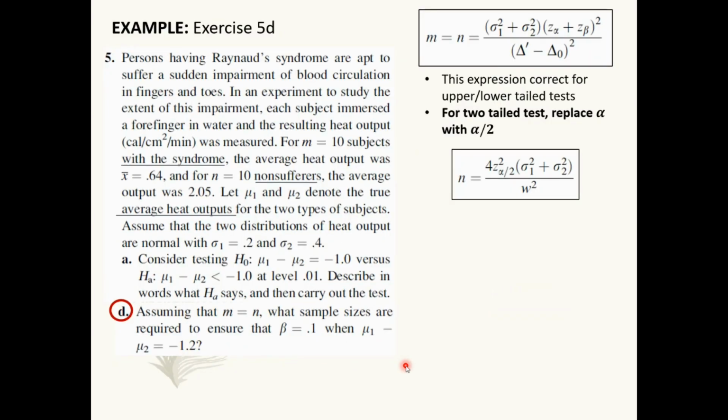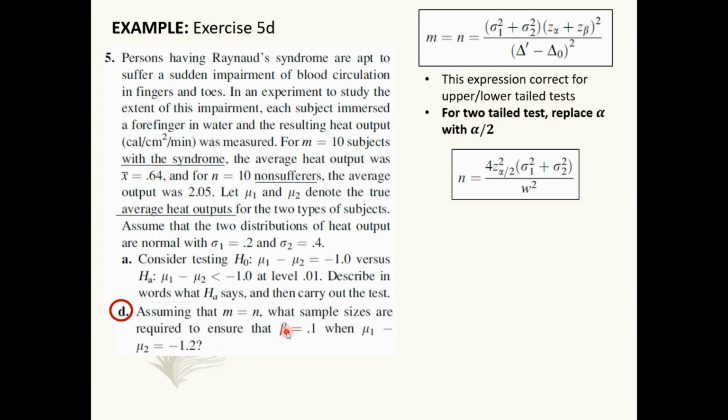So we'll just round up with an example. Part D of question 5, you're welcome to attempt it on your own. I'm going to go through the memo, but you can pause the video and do it. Here, we've been asked to calculate a sample size where we're required to have beta equal to 0.1 and mu1 minus mu2 equal to minus 1.2.